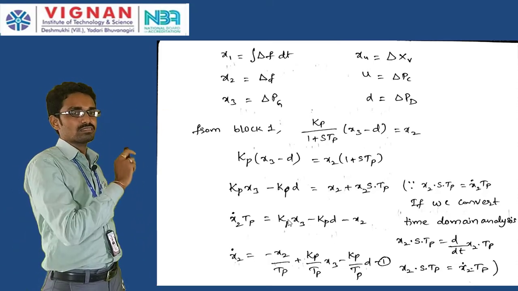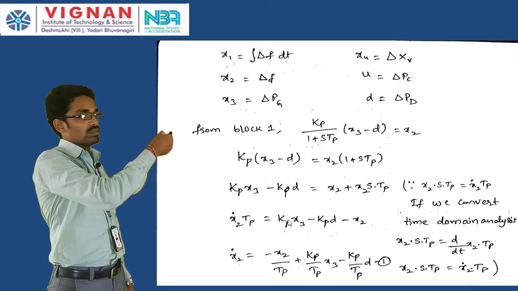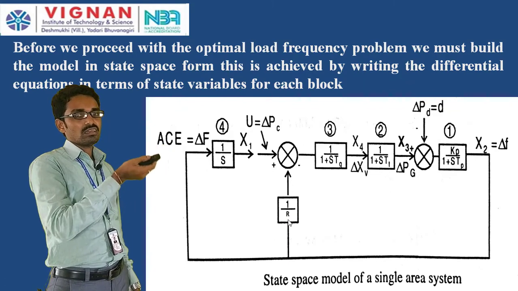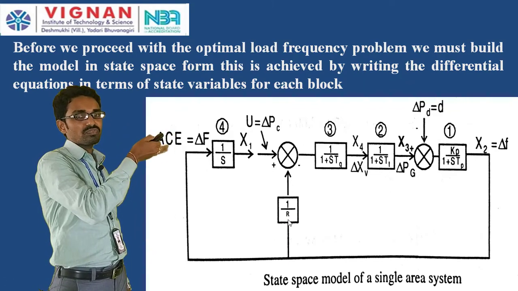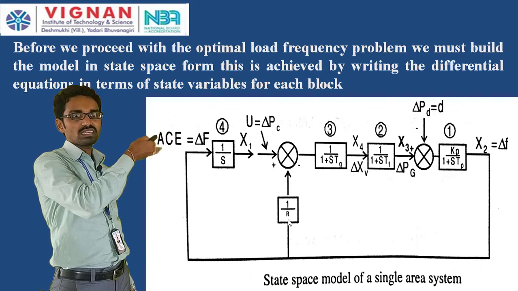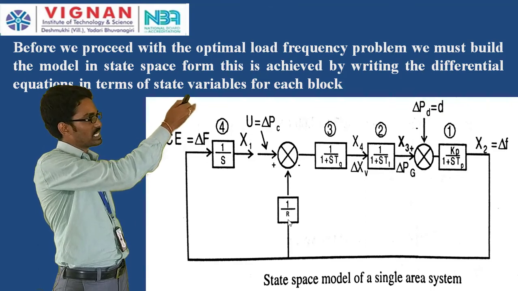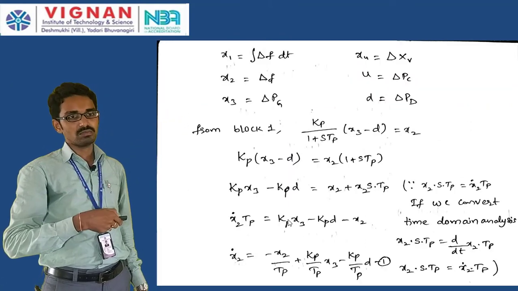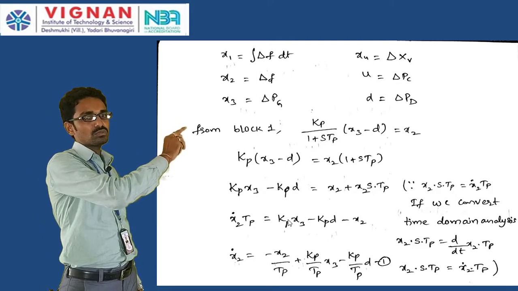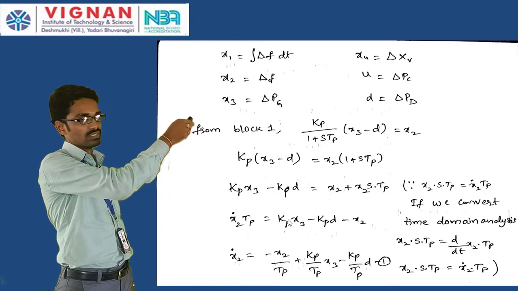So from that block diagram, we have the equation for x2. Let us consider x2 as the output, and the inputs for that are delta Pg and delta Pd, both, and you have the power system block diagram, that is Kp by (1 plus STP). So Kp by (1 plus STP) into (x3 minus d) is equal to x2.